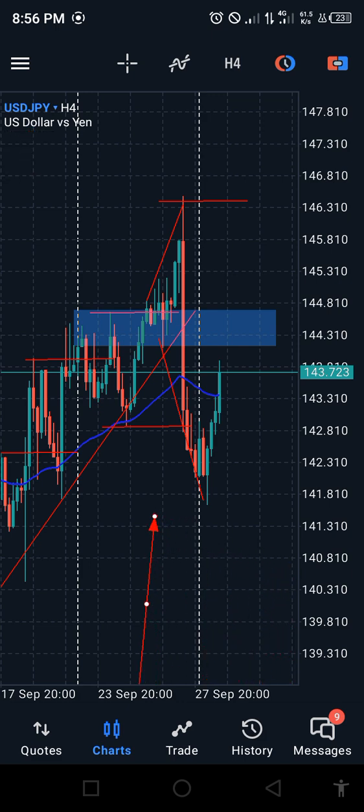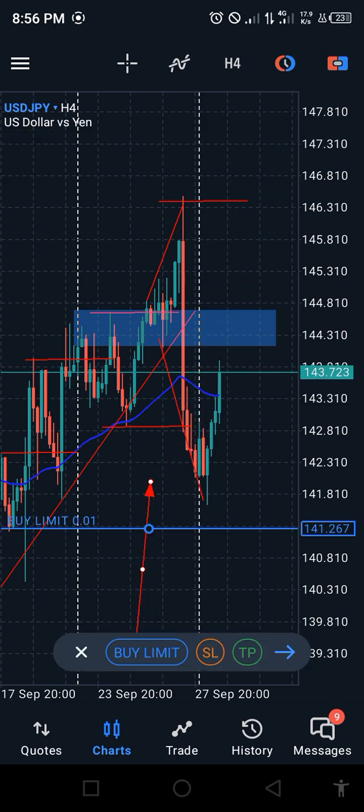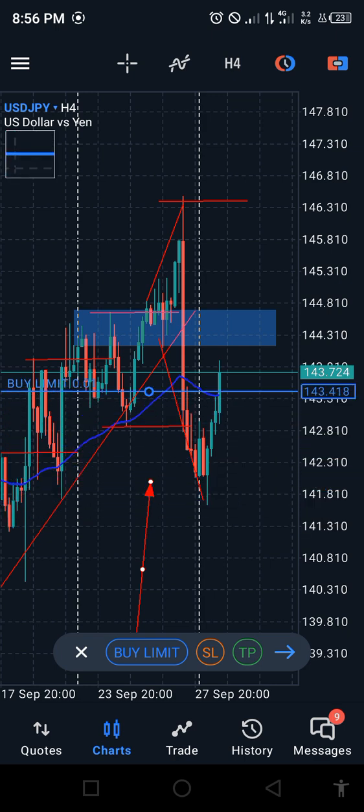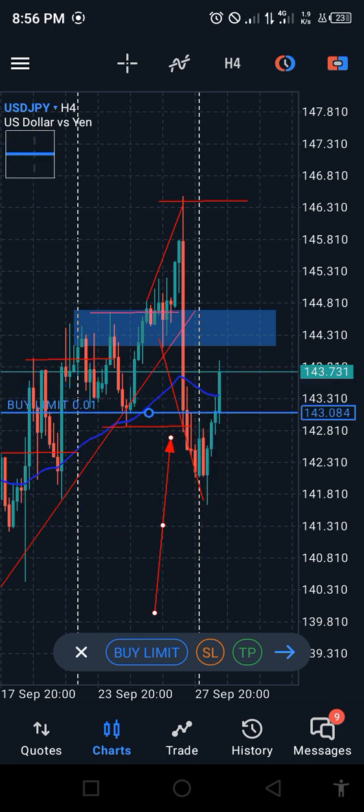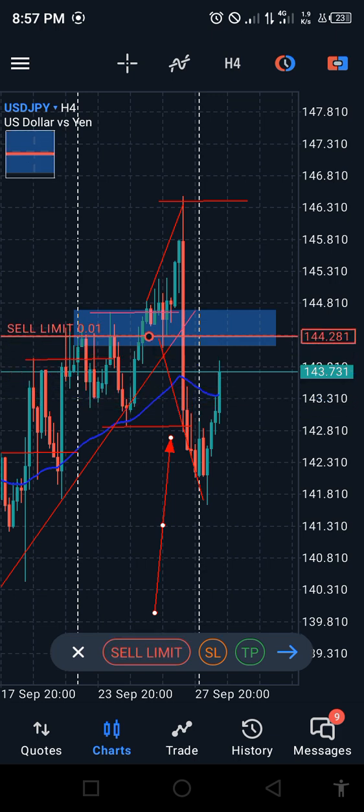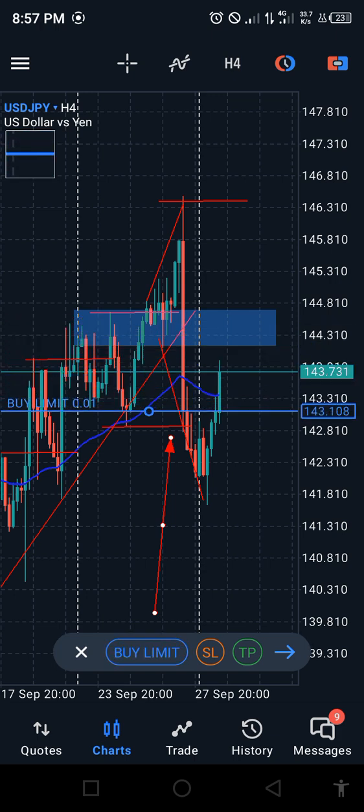So firstly, what do we do? We take this clock icon to place a pending order. Now what pending order are we placing? We are placing a sell limit pending order. Now notice when the market passes this price line, look at this green line that goes from left to right, it changes from sell limit to buy limit.